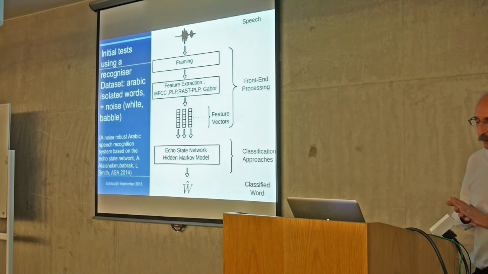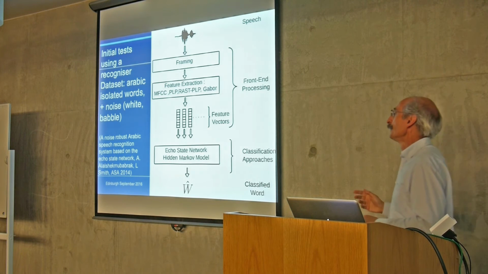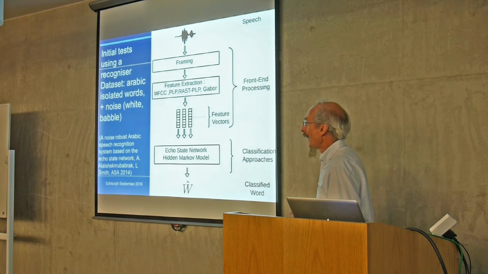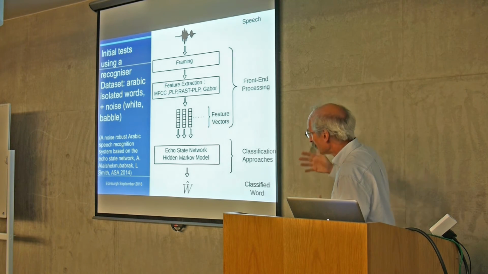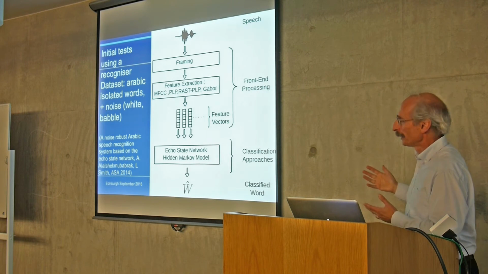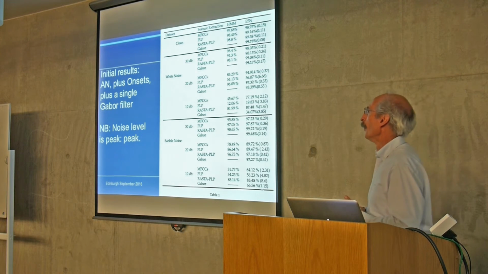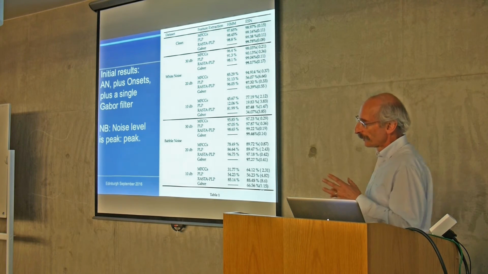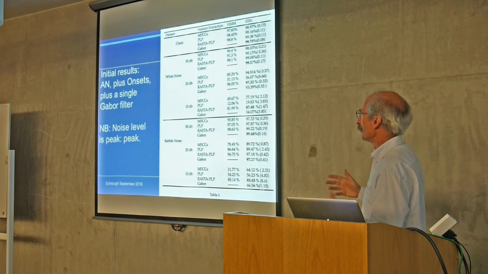Another PhD student of mine, Abdul Rahman Al-Sheikh Mubarak, did some work with me looking at a data set of Arabic words, and he was comparing a number of different feature extraction techniques, MFCC, PLP, RASTA-PLP, and Gabor, and looking at how these got on as building a recognizer for Arabic sounds.